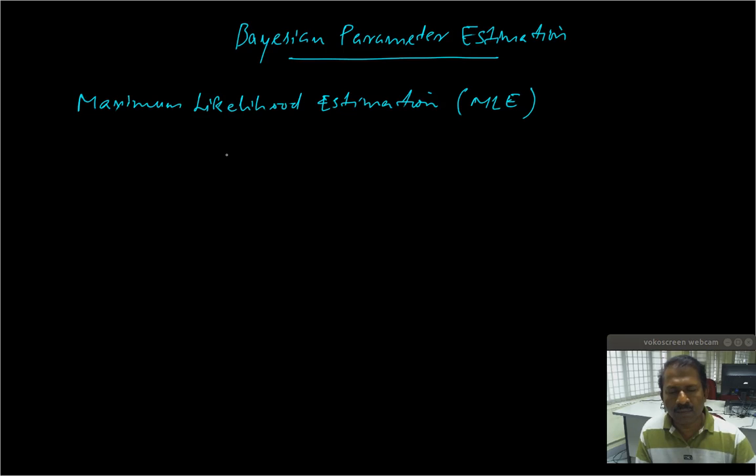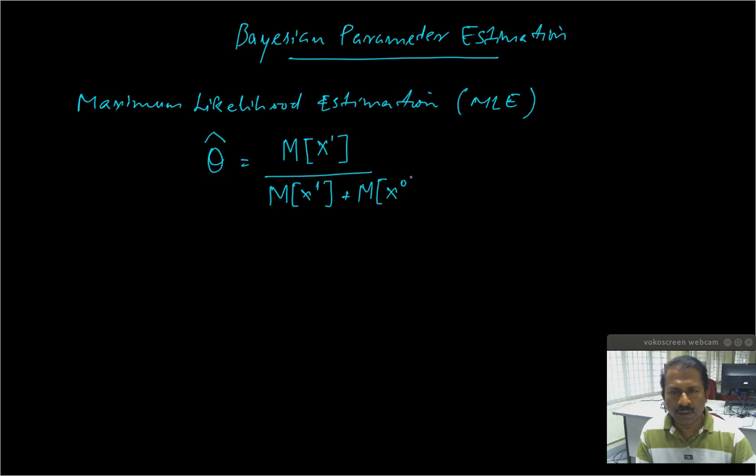Just recall that we were doing a coin tossing experiment, and we were trying to compute the optimized parameter theta cap, and we got it as the count of heads, the total number of heads appeared, divided by the total number of tosses that we have done, right?